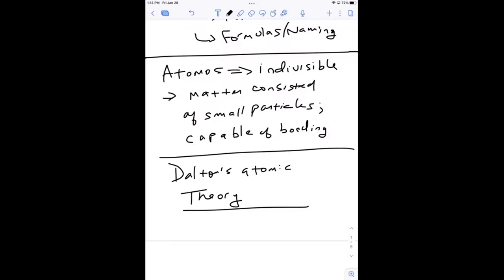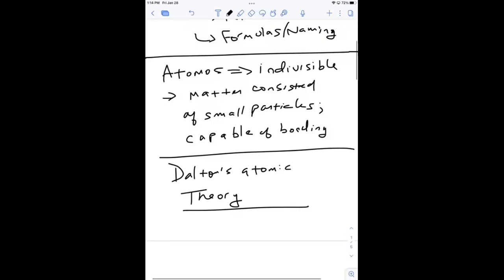A theory is a huge, vast body of knowledge that's used to explain an observation. So Dalton, through experimentation, based on the hypotheses that were out at the time about atoms and matter and how matter is composed, developed a theory to explain the behavior of matter.